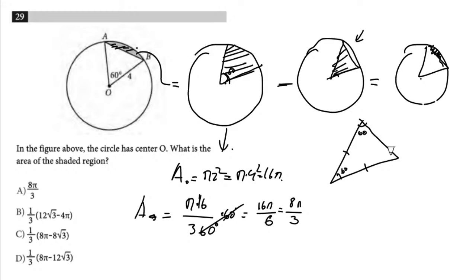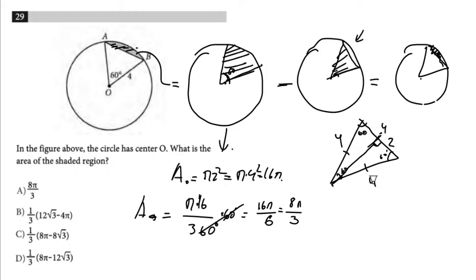I know that this angle should be 60 and this should be 60, so it's actually an equilateral triangle. So it's also 4, it's 4, it's 4. How do I find the area of this triangle? I'll draw a line. It's our median or height, that forms our right triangle.